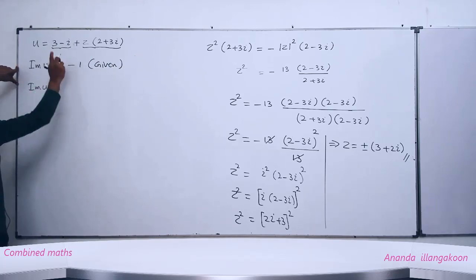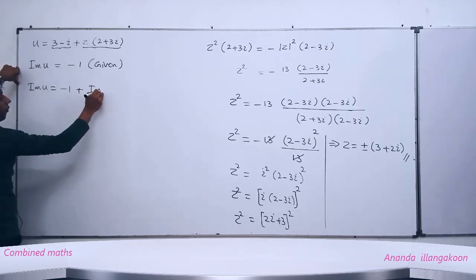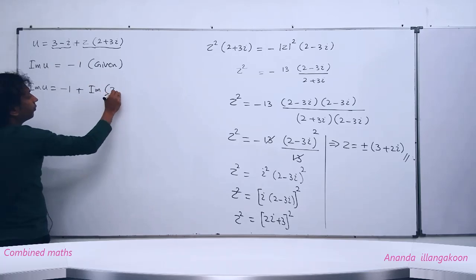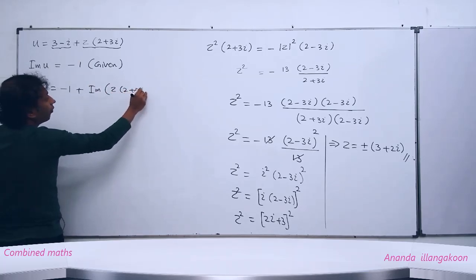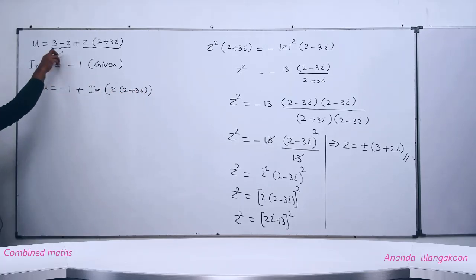Here the imaginary part of u is minus 1, and the imaginary part of this complex number, so times 2 plus 3i. Right, people? By using this, I wrote this result. U is this, no? Sum of these two.